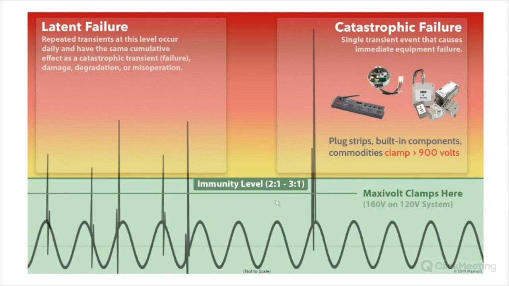So you can see if MaxiVolt's going to clamp at that level, it's going to keep the voltage from going any higher than that 180 volts. So it clamps, chops off, whatever you want to call it. In the industry, we call it clamping, but it's going to clamp it at that 180 volts, which is well below the immunity level of the equipment at 120 volts.